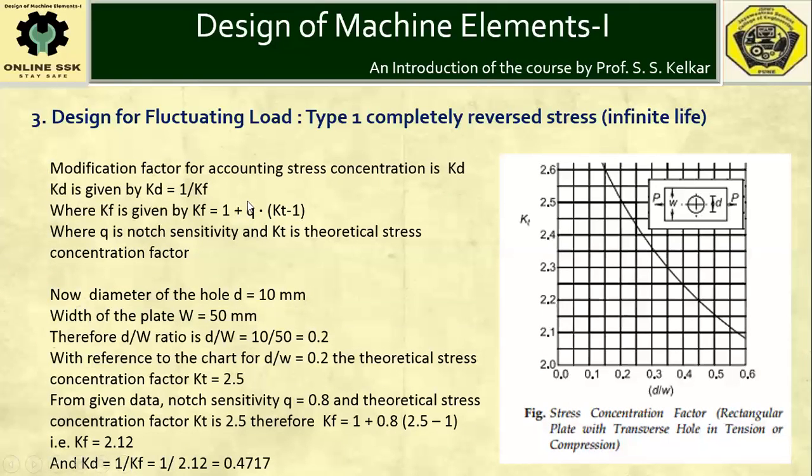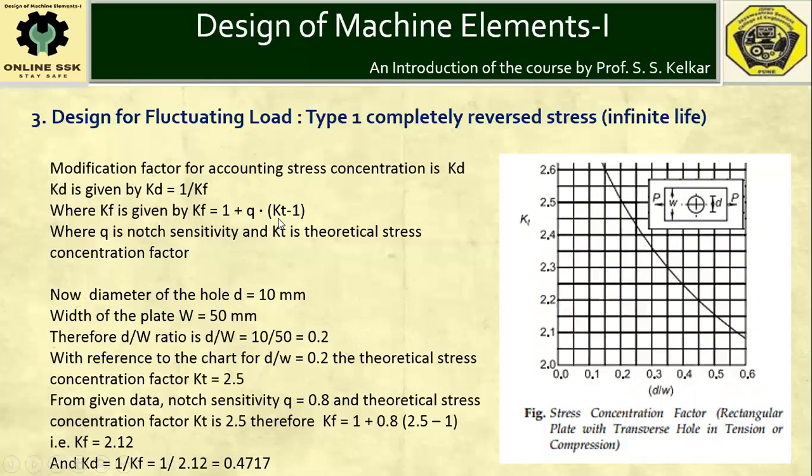Here q is the notch sensitivity. In the given data, notch sensitivity q is always specified. In this particular case also, they have specified a value of q as 0.8. So you need not worry regarding the notch sensitivity q value, because it will always be specified.